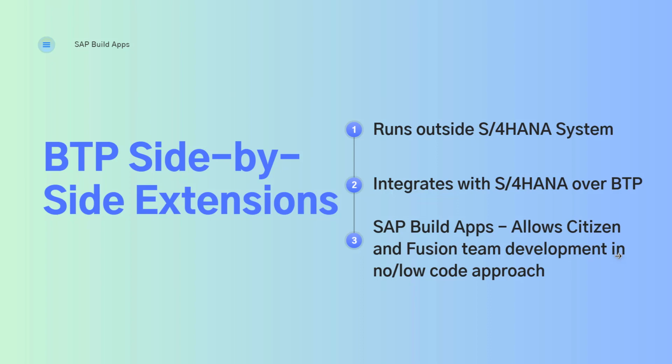And with a solution like SAP Build Apps, you can build applications using a low-code approach. So this allows business users, SMEs, and any citizen developer and also Fusion team developers to go about building solutions, to go about building customizations which can extend the SAP S4HANA solution based on their requirements.